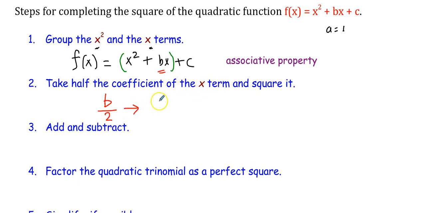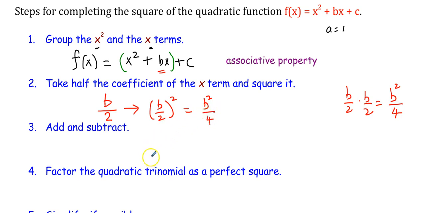On squaring, b over 2 times b over 2 gives you b squared over 2 times 2, that is 4. Or directly you can write b squared over 4.